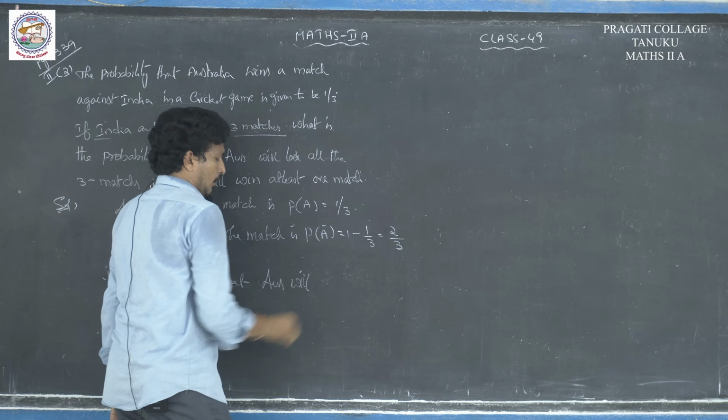The complementary event is that Australia will lose all matches. E bar is Australia will lose all the 3 matches. That is P of E bar, the probability that Australia loses all the 3 matches, is 8 by 9. Now to find P of E, P of E is equal to 1 minus P of E bar, 1 minus 8 by 9, which is equal to 1 by 9.